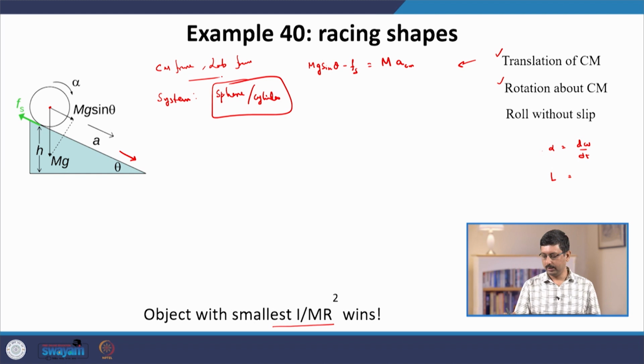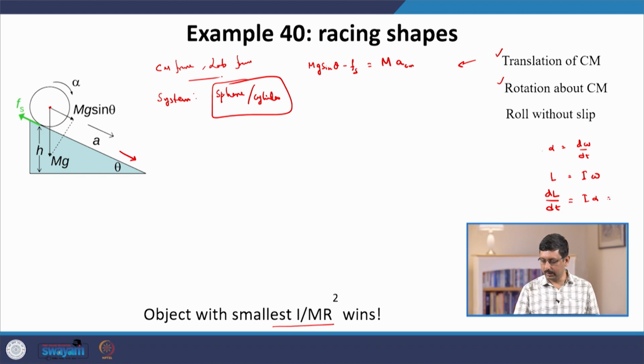Because the axis of rotation is an axis of symmetry of the object, we have this simple relation, and dL dt, which represents the torque on the object, is given by I alpha.